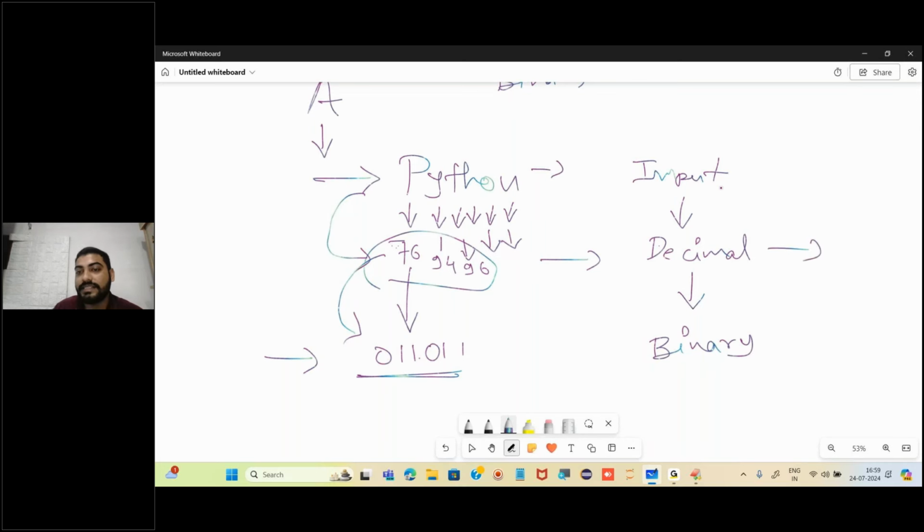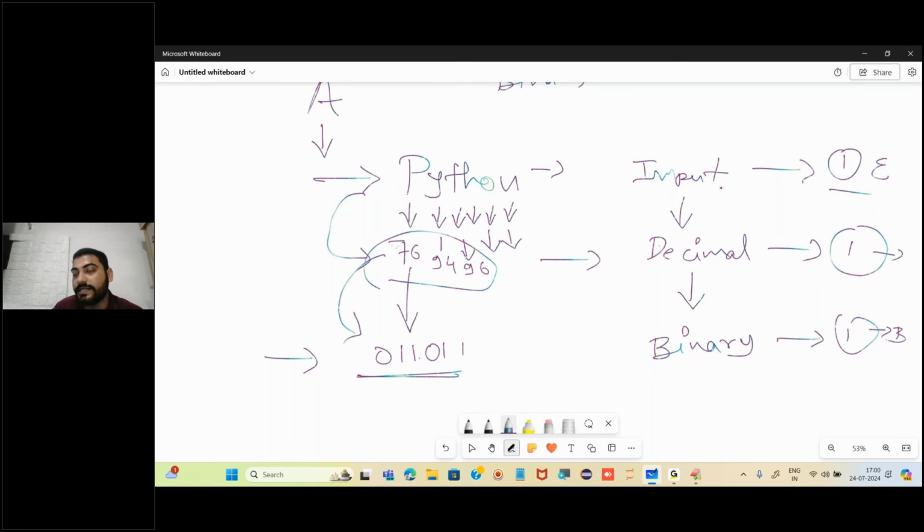Let's say these two are communicating with each other. This is one person and this is another person. They both are communicating with each other. But this person knows only English language, and this person knows only binary language. And somewhere there is a person who knows both languages. What will he do?